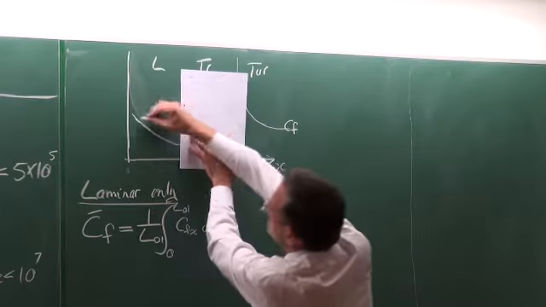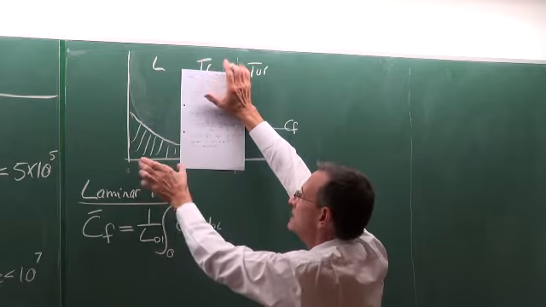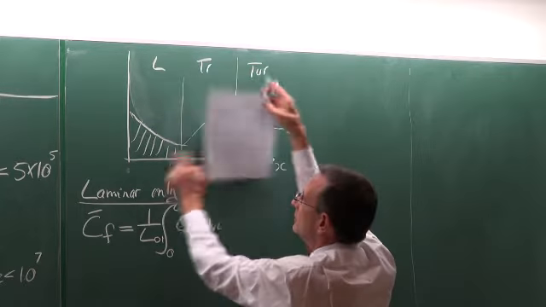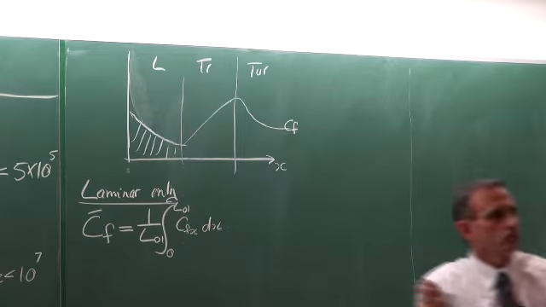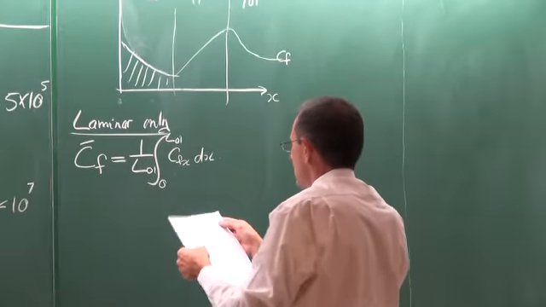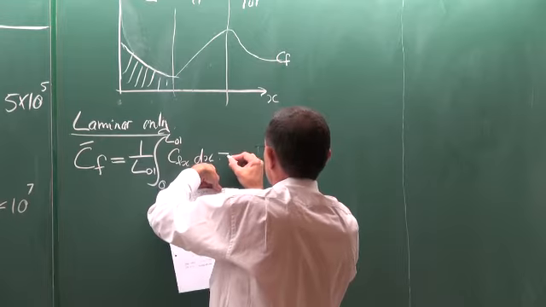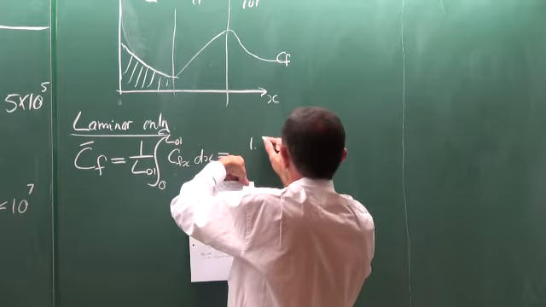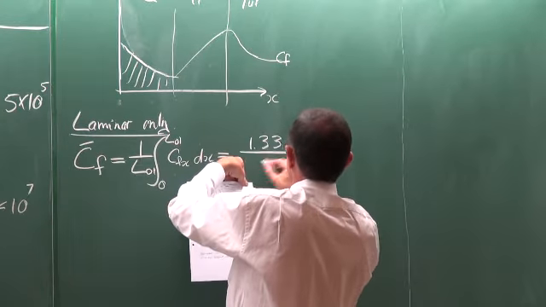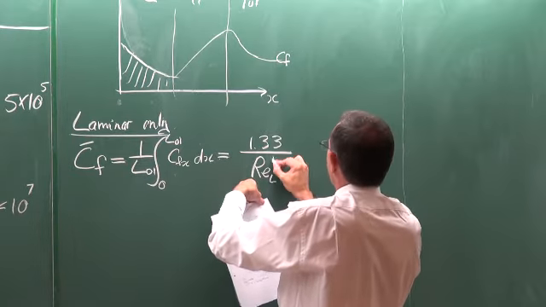Okay, what does it mean? It means we get the area, and we divide it by this length here to get the average. And that is just normal integration. You can do that yourself. And if you do that, then you're going to find that the average CF is equal to 1.33 divided by Reynolds, take note, L to the half.